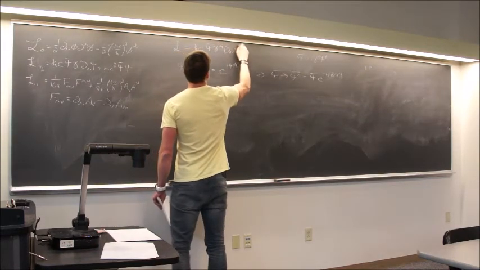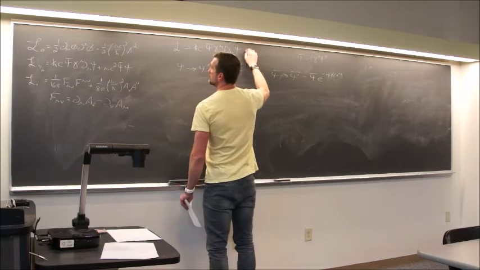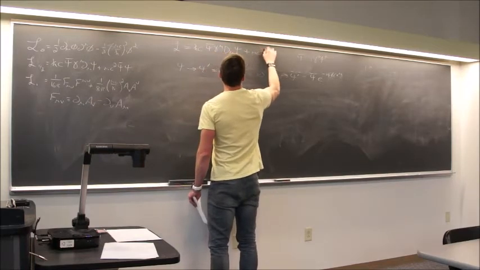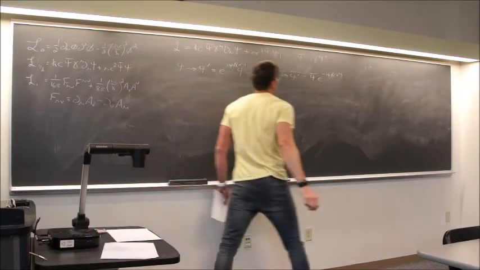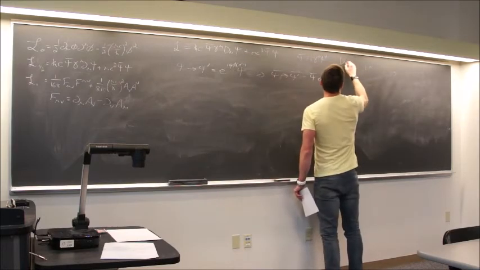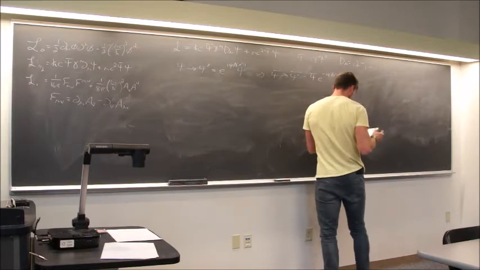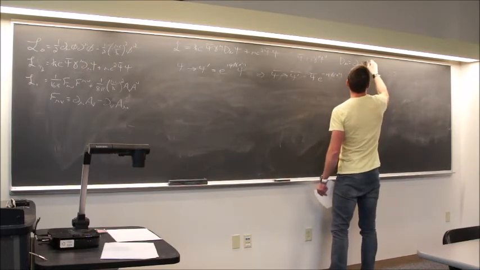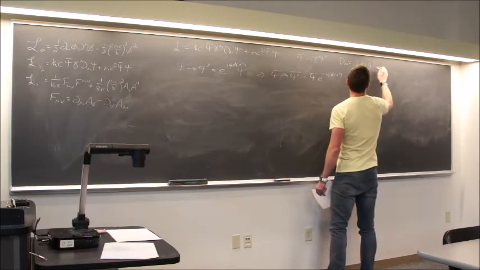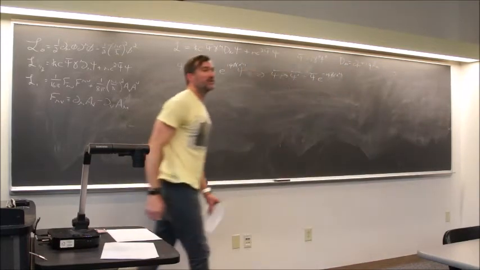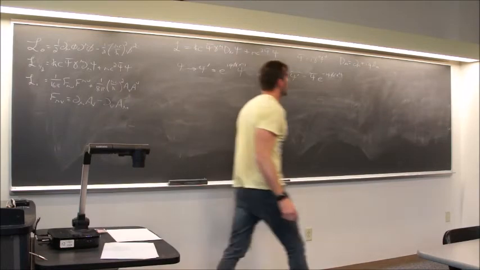The derivative is going to be different, where the derivative now is going to be d mu plus I q A mu. Okay, so it looks like a weird derivative.